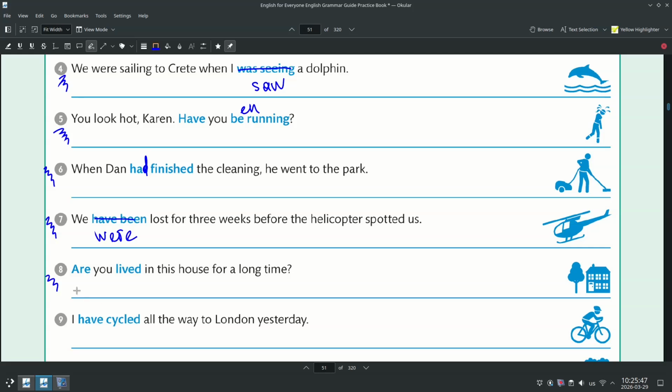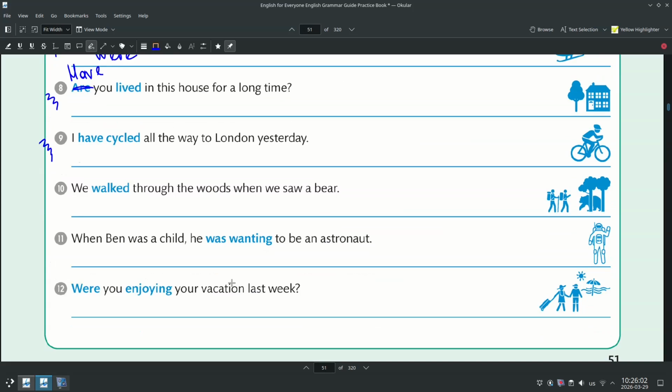Have you lived in this house for a long time? Number 9. I have cycled all the way to London yesterday. I just cycled. We don't need present perfect.